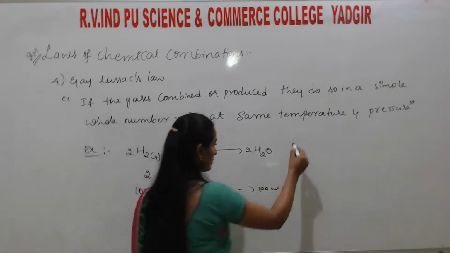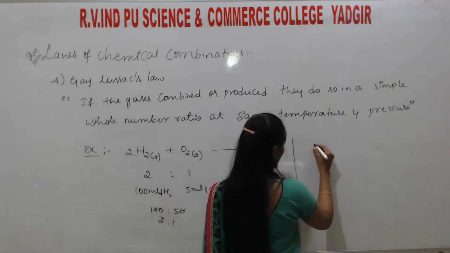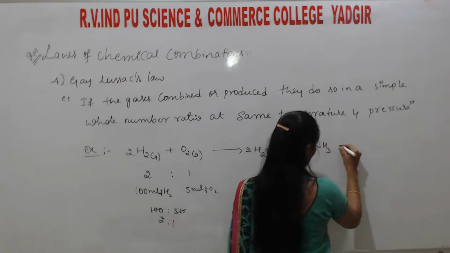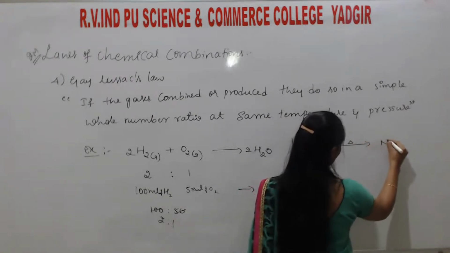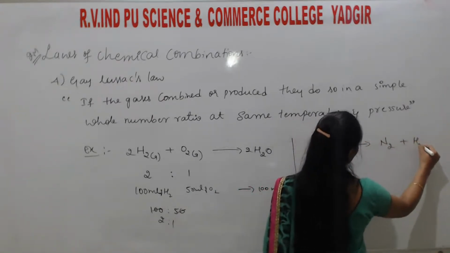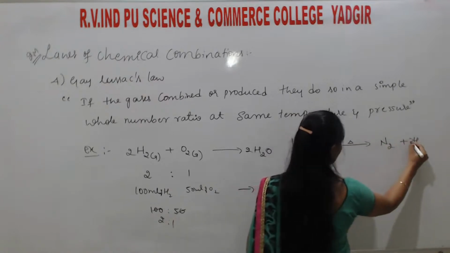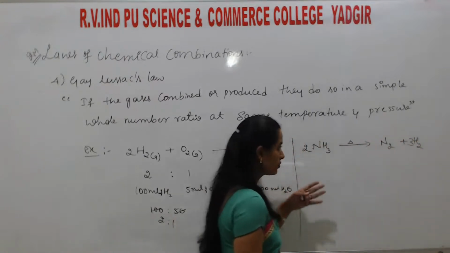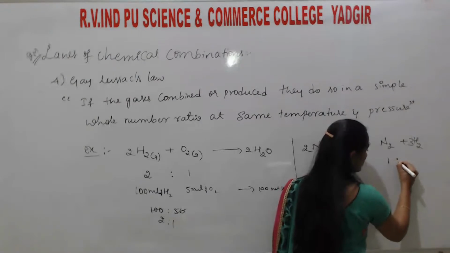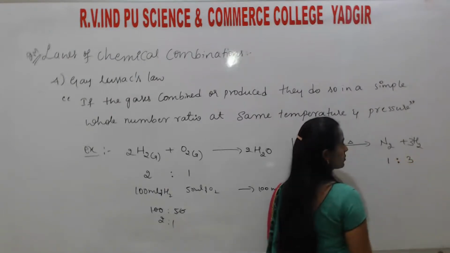Understand? For a decomposition reaction, assume NH3 decomposes to N2 and H2. To balance this, students, here N2 and H2 are in the ratio 1:3.